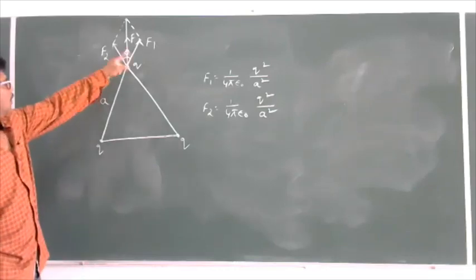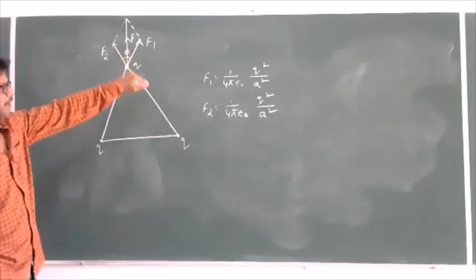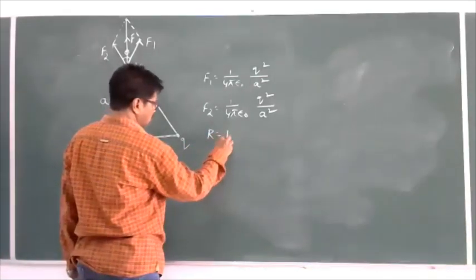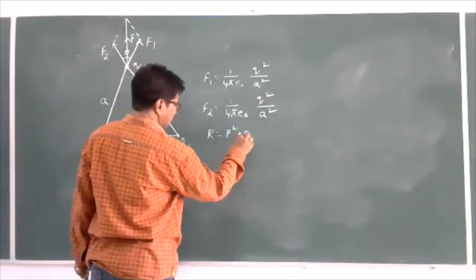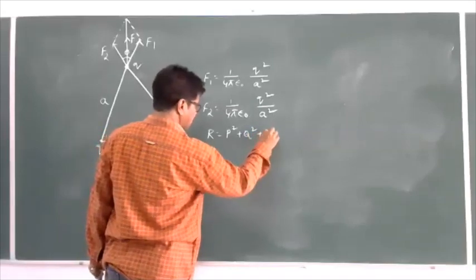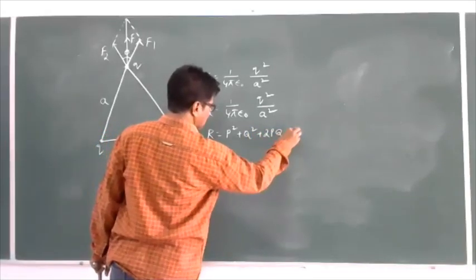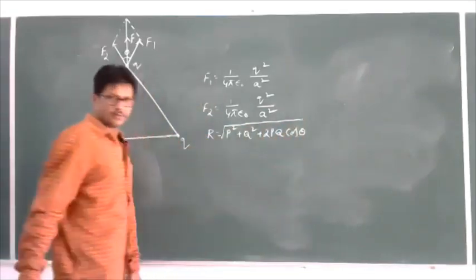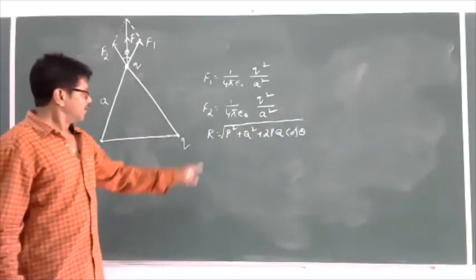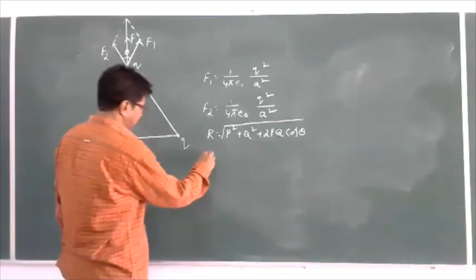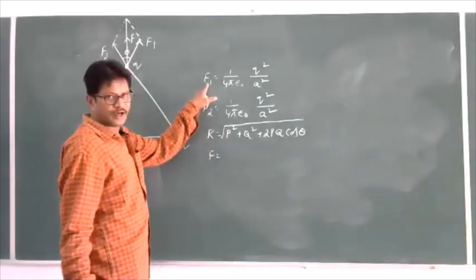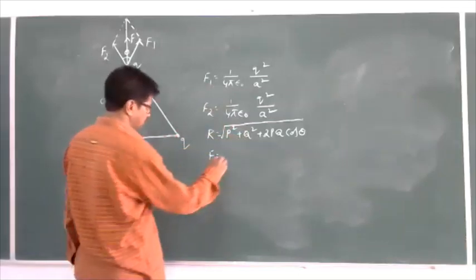Now, whenever you want to make use of the parallelogram law, we have to go with R is equal to square root of P square plus Q square plus 2PQ cos theta. This formula will be used, where R is the resultant force F, P is equal to F1, Q is equal to F2.